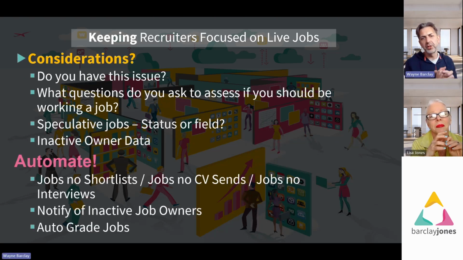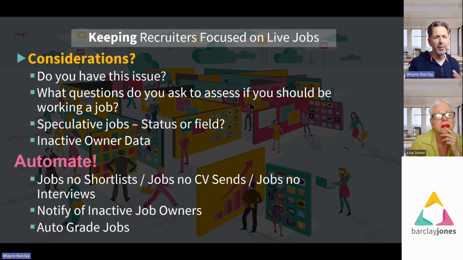Then there are jobs automations, like jobs with no shortlists. This is a great way of managing your jobs. It's all very well having jobs and creating a jobs pipeline, but you also need to work the job. There are some really cool features within automation that let you look up jobs that don't have a shortlist. I remember a client saying that when they worked with a bank, they had 48 hours in which to submit CVs.